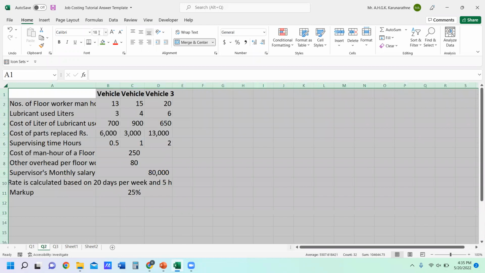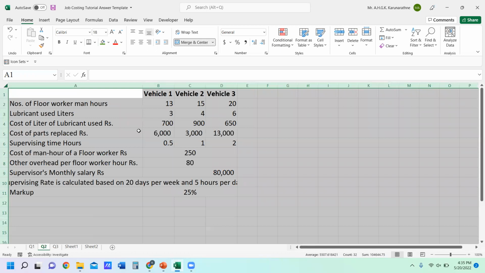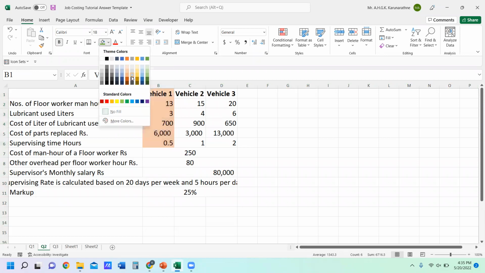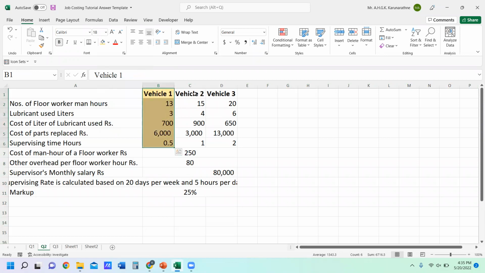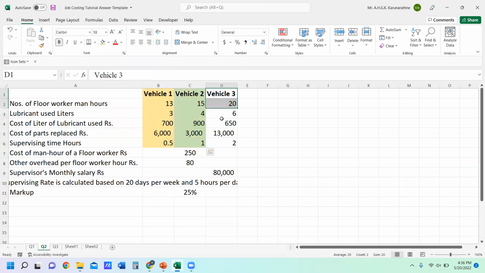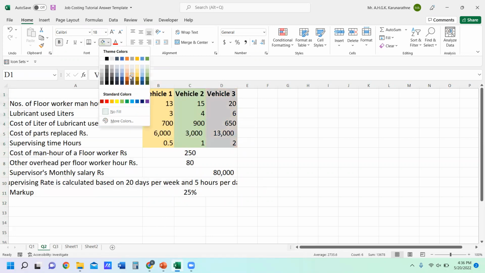Let me increase the font size. Okay, I think it is clear now.